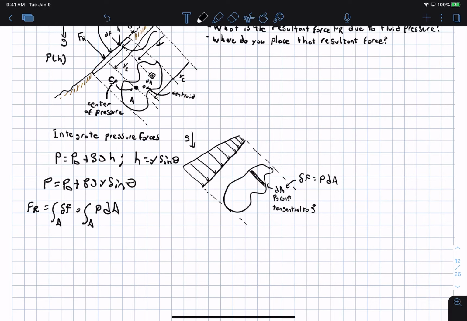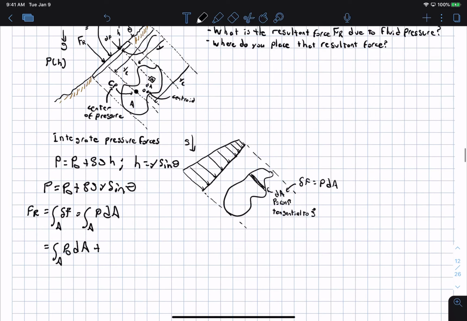Okay, and so we then just substitute this expression here, and we get this equals the integral over the area of P naught, or the atmospheric pressure, dA, plus the integral over the area of rho g sine theta y dA.